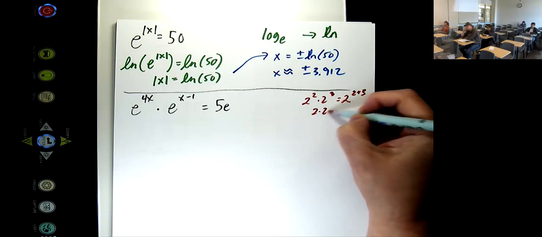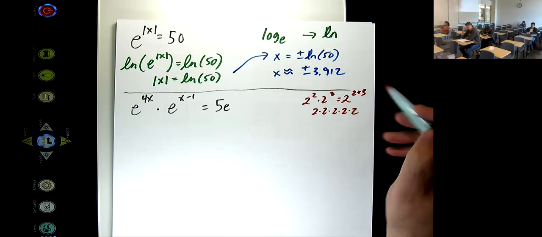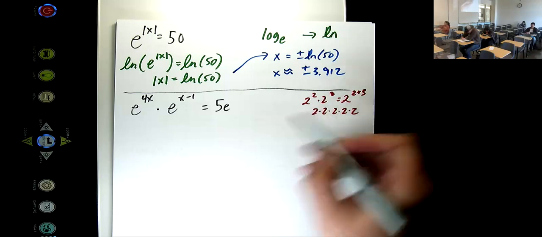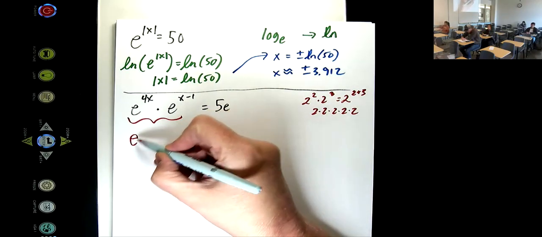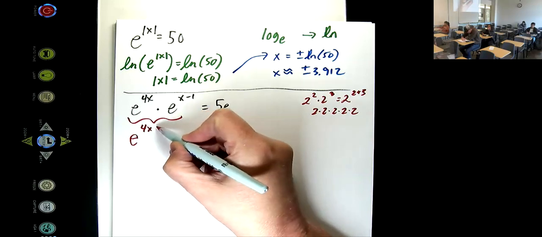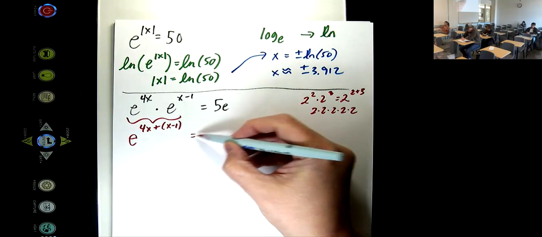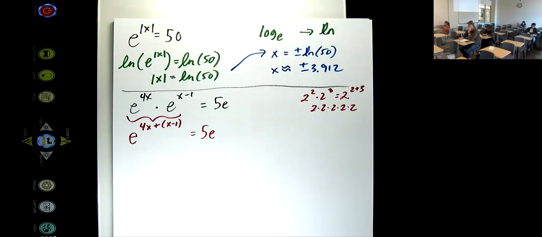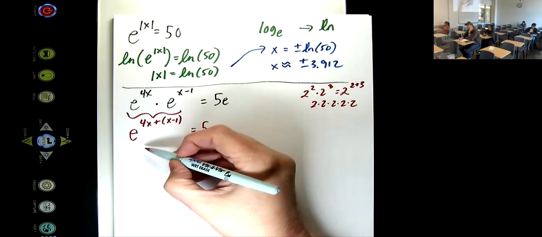We could see that if we wrote it out. Same thing's happening here. My base is now e though, so instead, this becomes e to the 4x plus the x minus 1. So this is really e to the 5x minus 1.